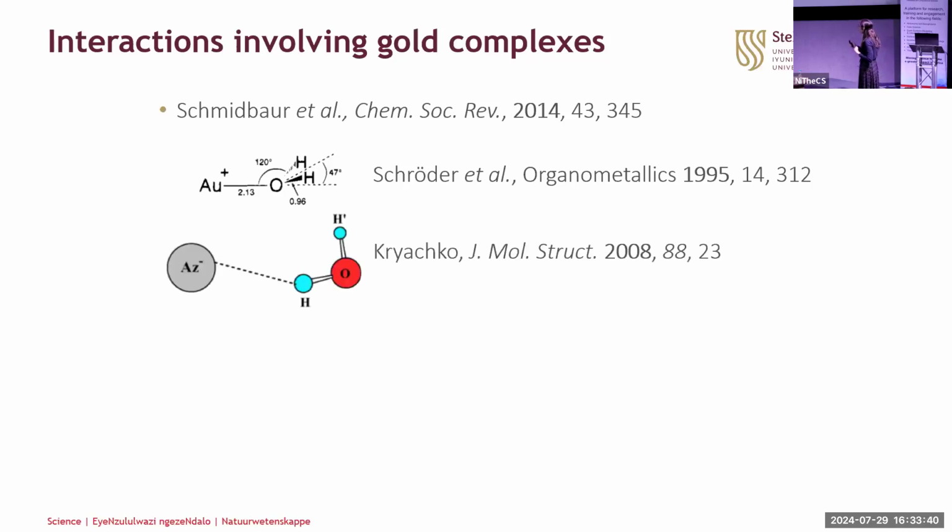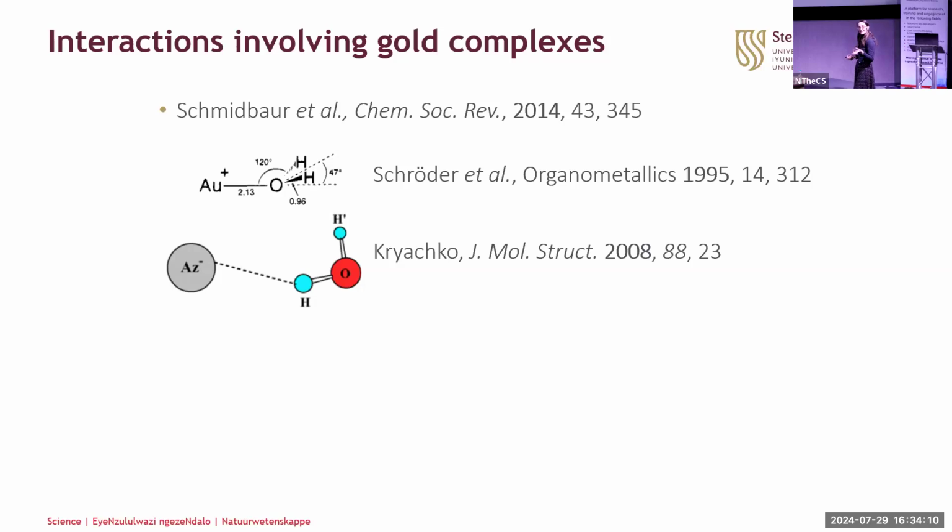And the reason he wasn't convinced, well, there were a number of reasons. One of them was that there had been some work done by this guy Kryachko, and he'd looked at gold and silver and some other things as well. If you have an auride ion, so that's gold minus, that gold minus behaves very much like a halide, so chloride or something like that.